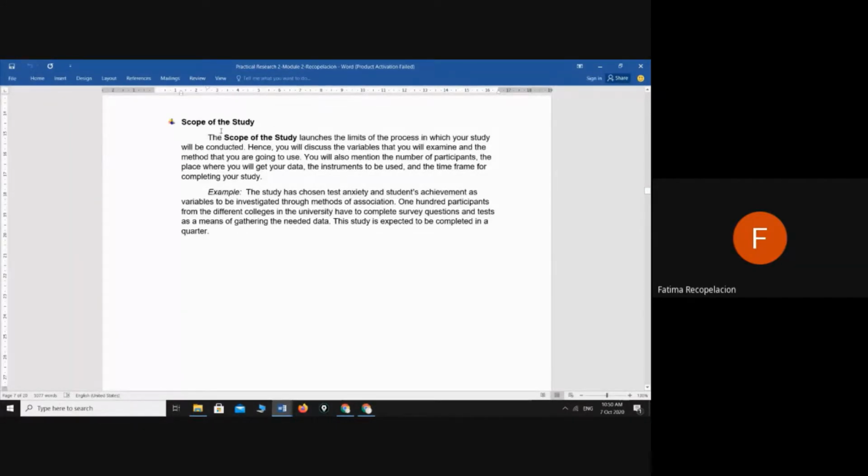But in case if, for example, there is a research defense and the panelists ask you of particular areas wherein you believe na wala na sa inyong study, you could refer that one that it is already part of our scope and limitation.